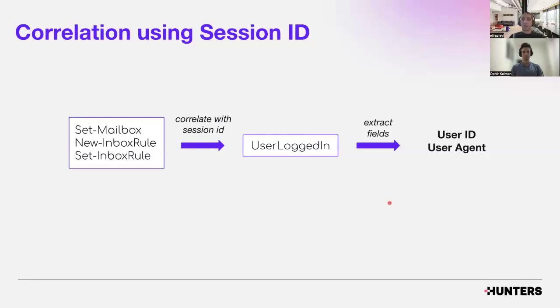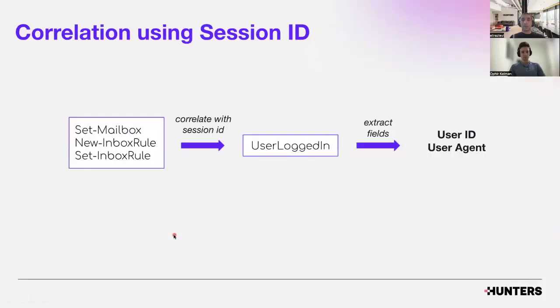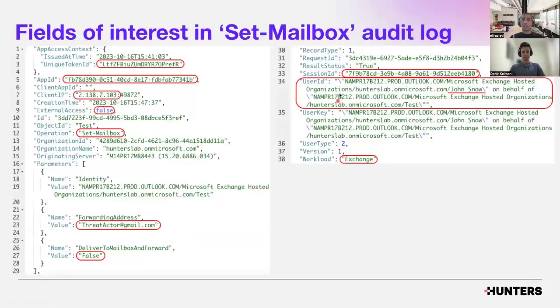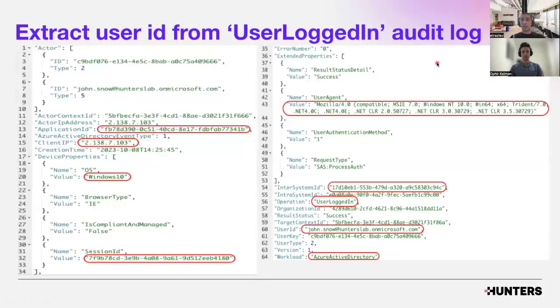So let's see how it looks in the UserLoggedIn event. We look at the UserLoggedIn event and we can see the session ID. Please notice that this session ID is equal to the session ID we saw here. So this allows us an accurate correlation.